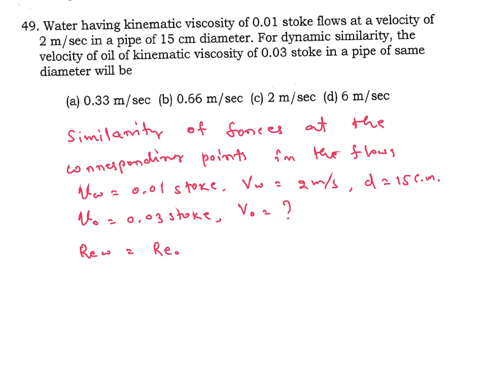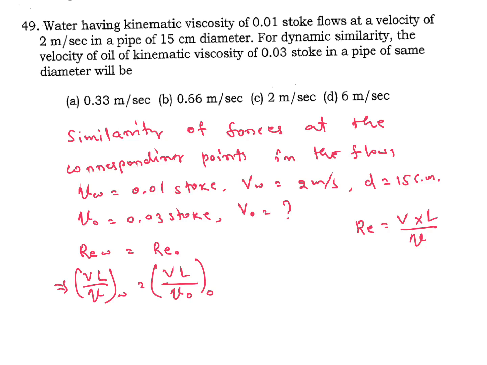So we know Reynolds number is V into characteristic length divided by kinematic viscosity. So VL by kinematic viscosity of water equal to VL by kinematic viscosity of oil. Same diameter, so characteristic length cancel.